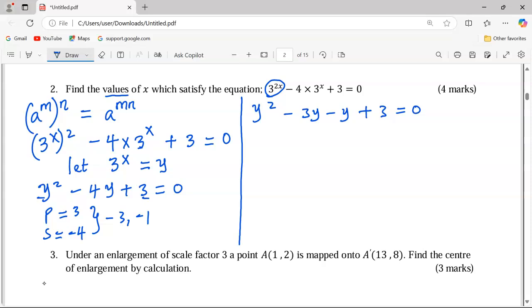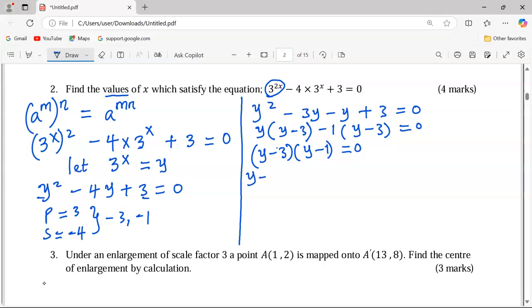We factor out y in the first two, so that will remain with y minus 3. Then in the other two, we factor out 1, so that will remain with y minus 3. This is equal to 0. We have the common factor as y minus 3, then y minus 1. This is equivalent to 0.